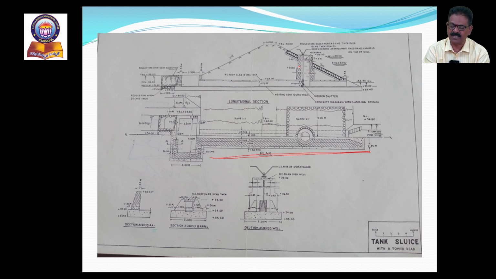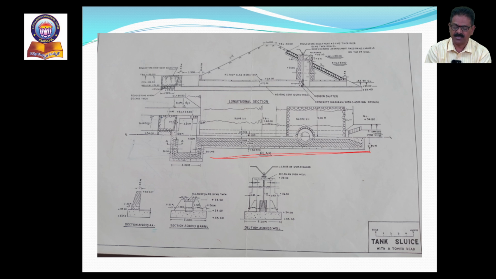As discussed earlier, it is a circular well. So this is called the tower head. In the plan as well as the elevation, we can see the tower head, right? And at the extreme left, this is the cistern. So this diagram shows all the major components of the structure.